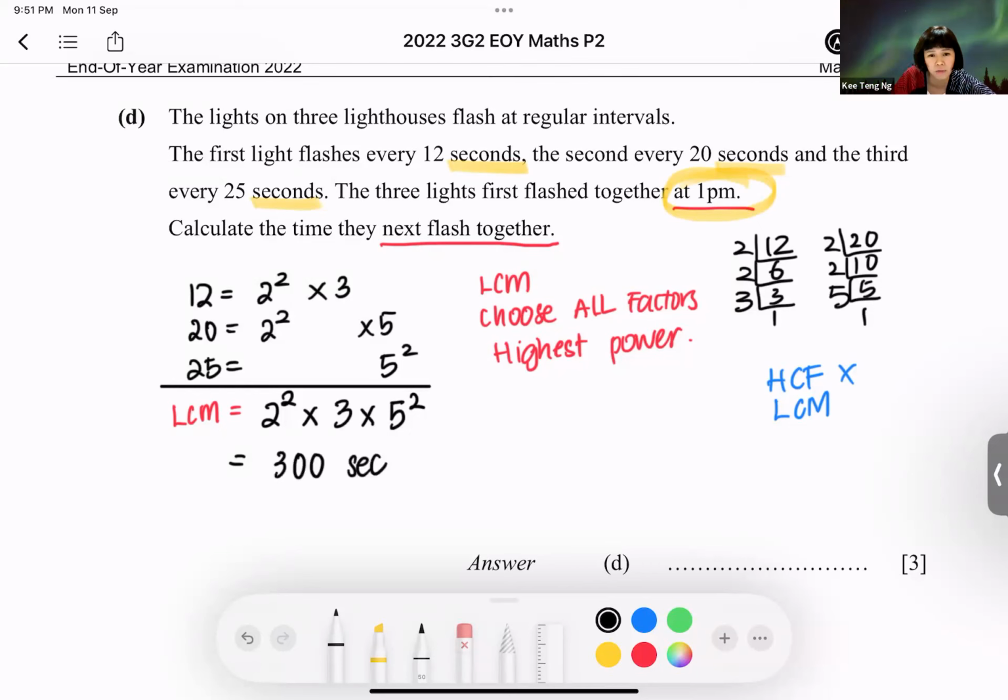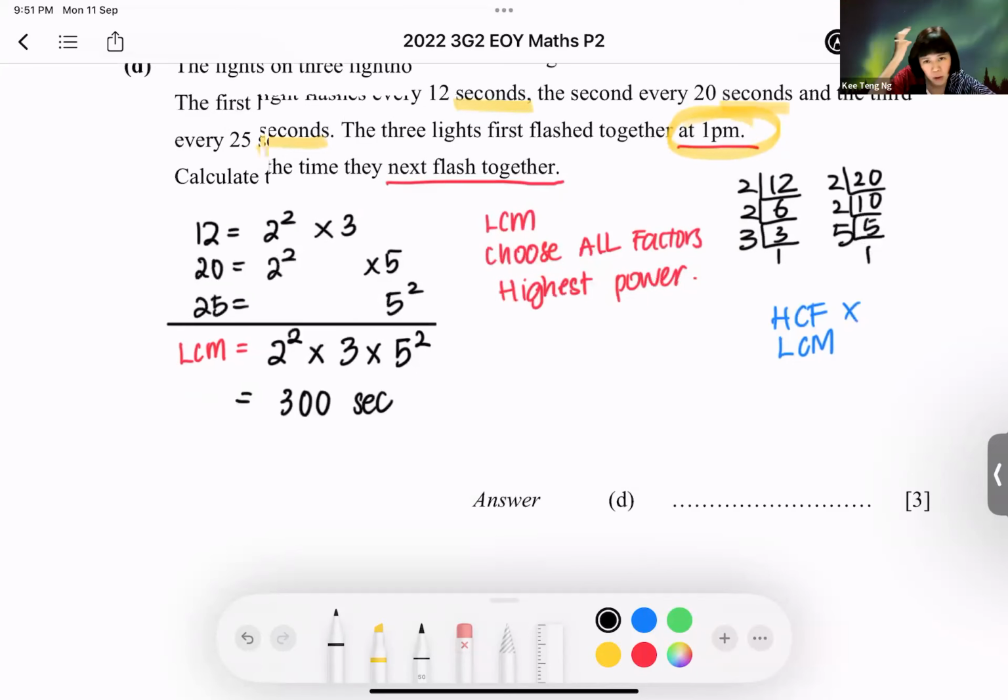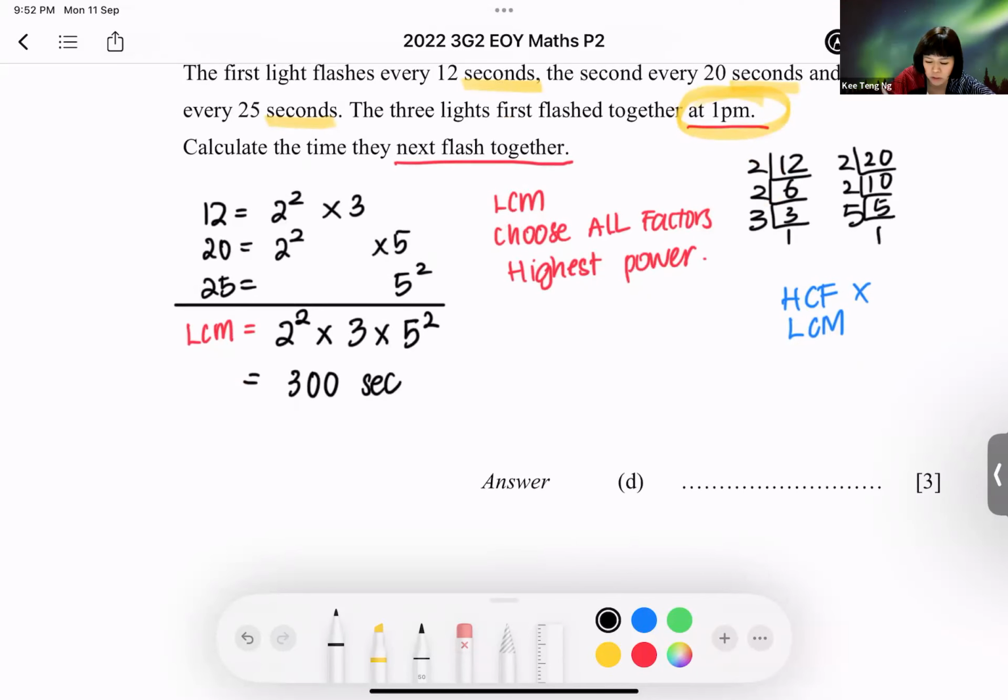But 300 seconds, if I'm going to add it to a time, 1 p.m., I need to convert this into minutes. 1 minute is 60 seconds, so I'm going to divide this by 60. That gives me 5 minutes. And then it started at 1 p.m., so 1 p.m. plus another 5 minutes.